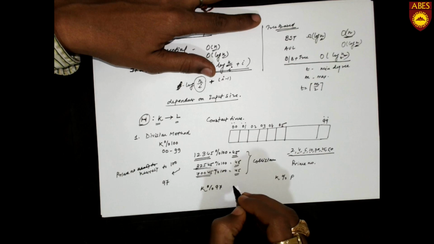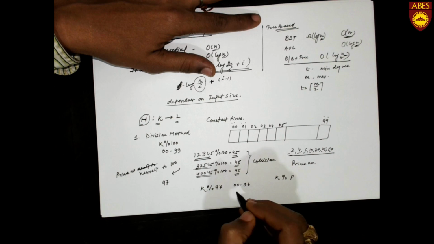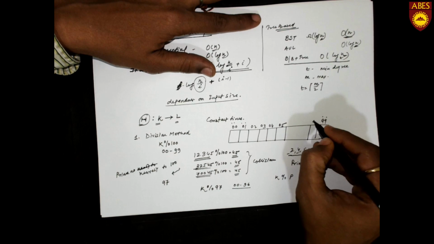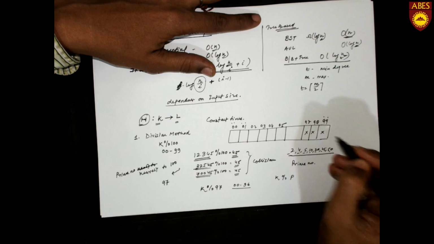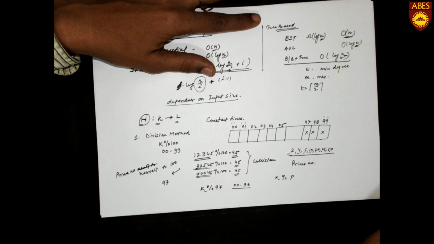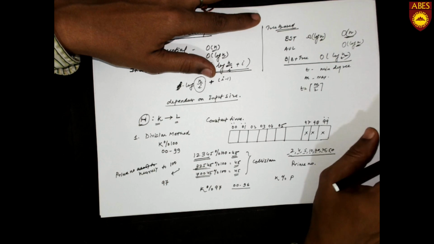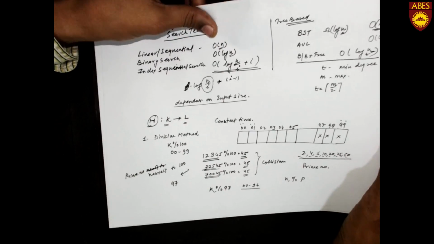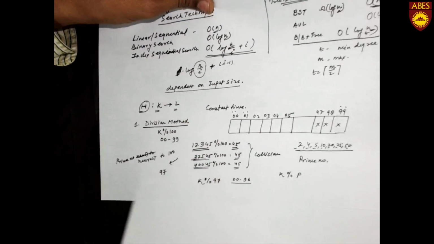This will give us locations ranging from 00 to 96, which means locations 97, 98 and 99 will not be usable. Fine, we can compromise with this much wastage. So the method is that we divide the number with the prime number. This is the first hash function.